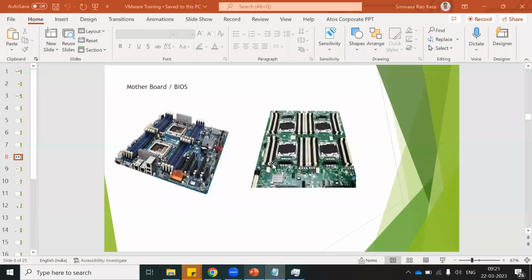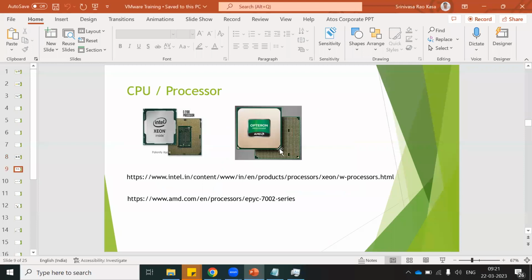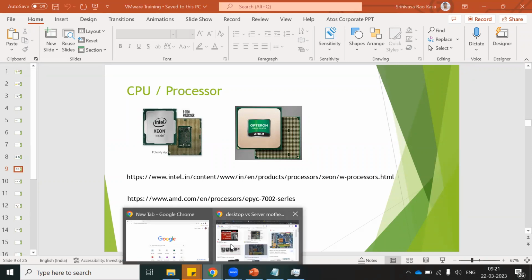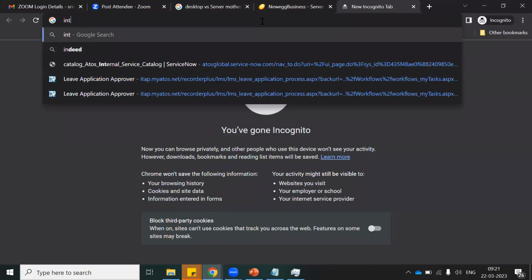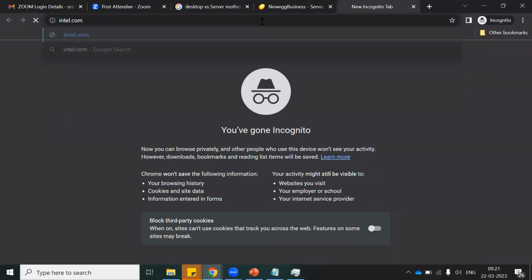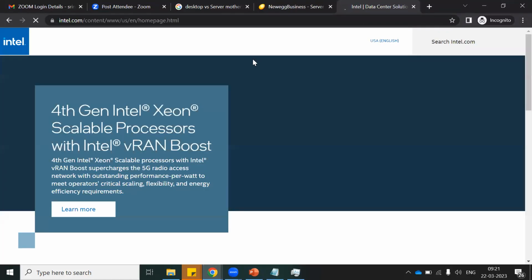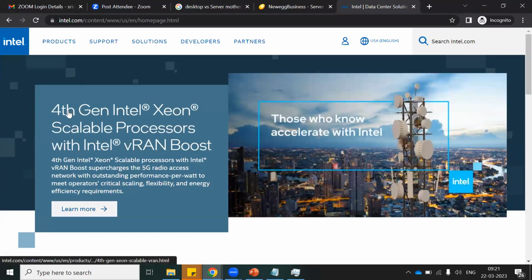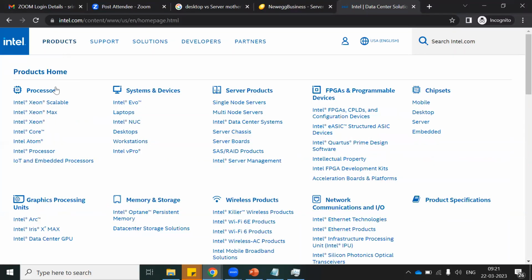Coming to the processor. If you go to the Intel site or AMD site, we are going to see different processor architectures. For example, if you go to Intel products, under processors, this is the processors category.